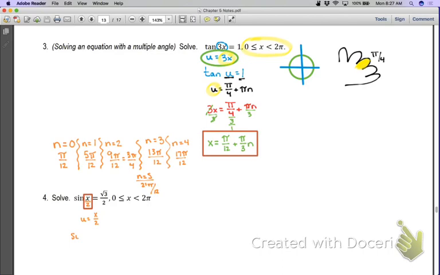So then I can have sine of u equal to, when is sine equal to root 3 over 2? Pi over 3.